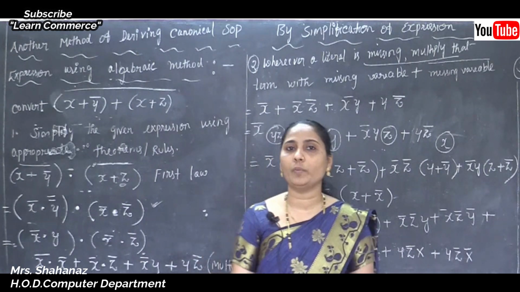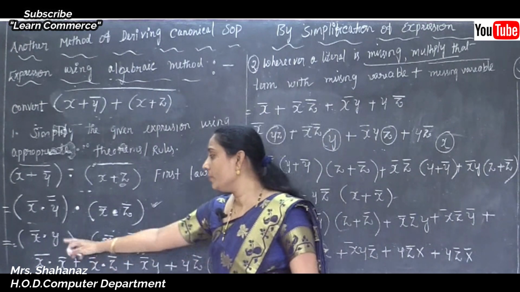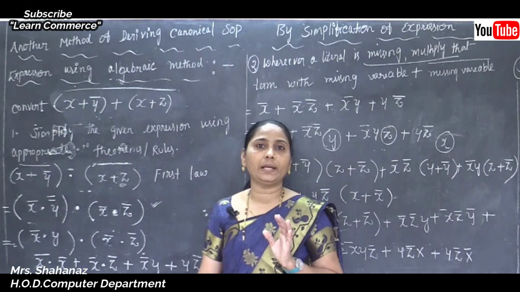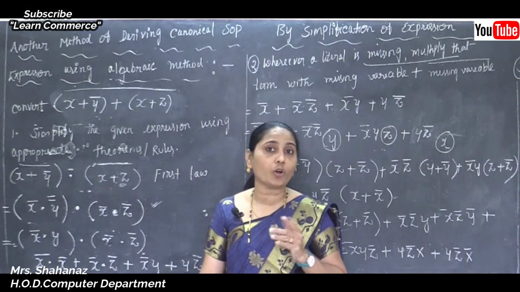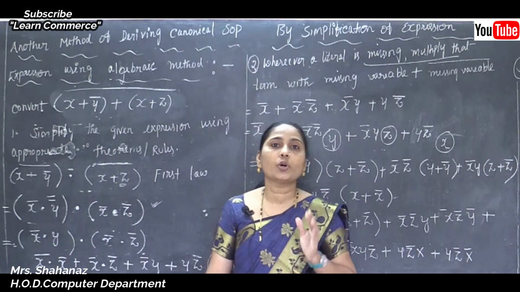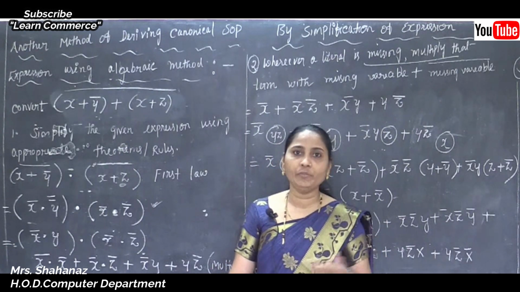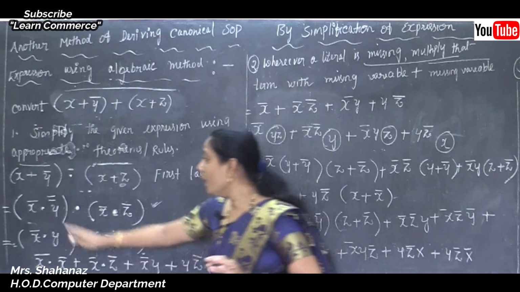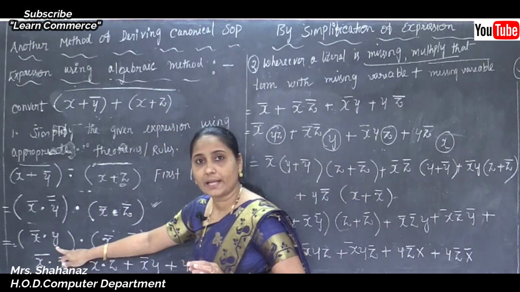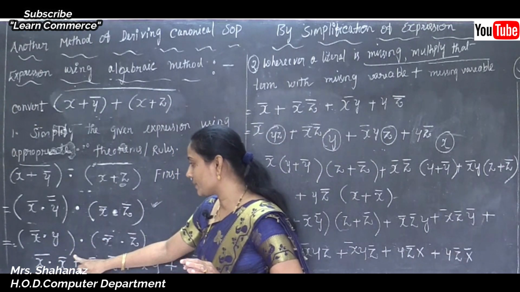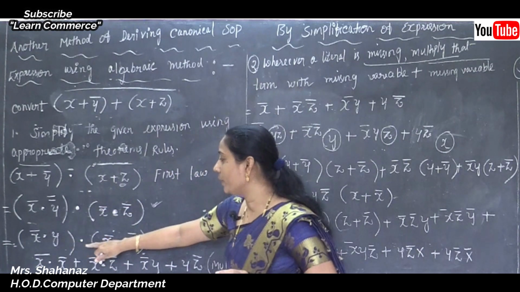The double complementation of the variable y we can call the complementary law: when the complement of a variable is complemented again, we get the same variable. So we just take y, closing of the parenthesis, and next our dot here.